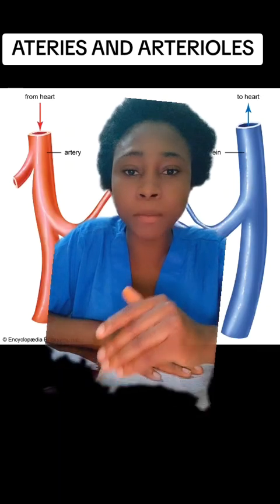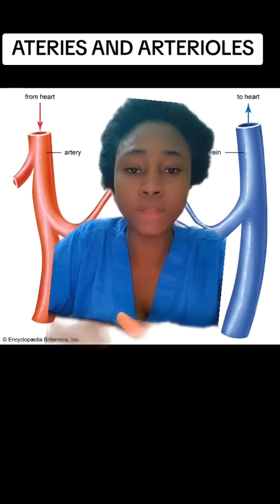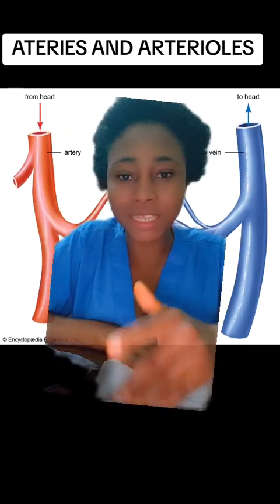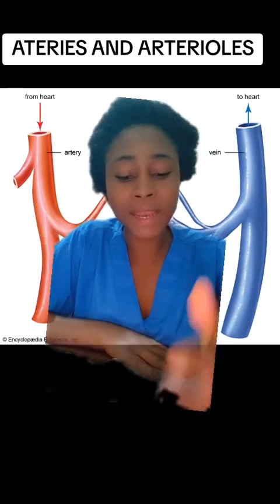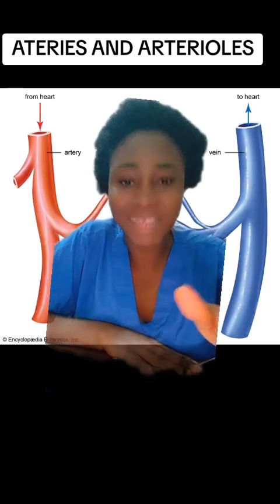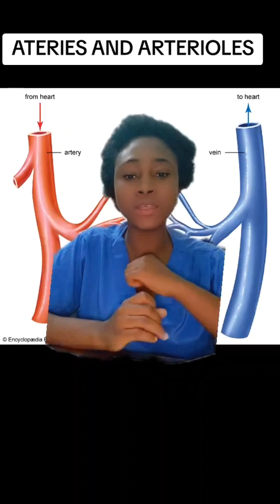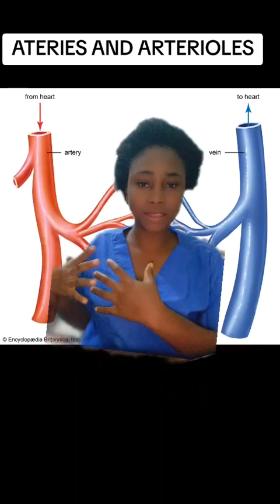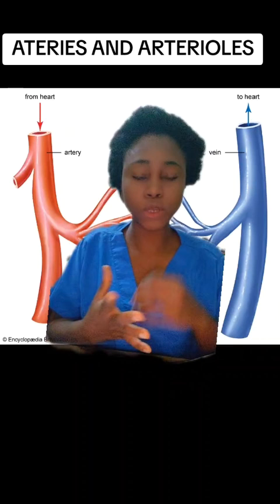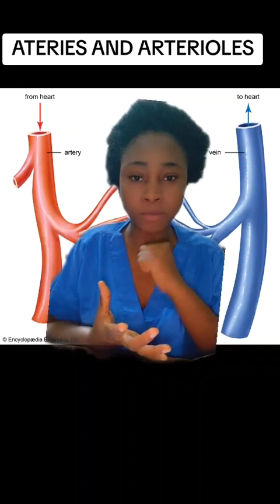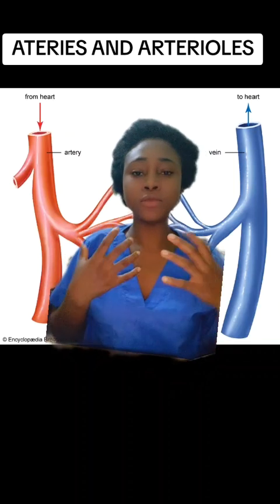The tunica media, we mentioned, is made up of variable smooth muscle and elastic tissue. Then in these large arteries, like the aorta, the ones that are closer to the heart, their tunica media is made up of elastic tissue and less of smooth muscle. The reason why is because these arteries are close to the heart, so the pressure from the blood passing through them is high.